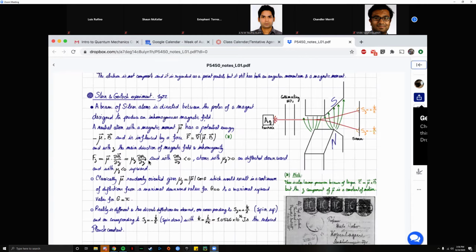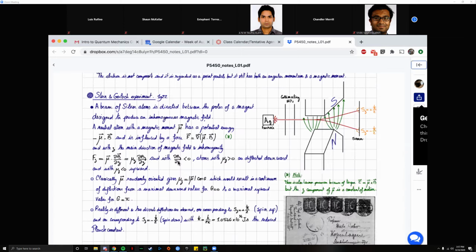So that means that these Z components of the magnetic moment and magnetic field are responsible for the component of the force along the vertical direction, which means that depending on the configuration of the magnetic moment in this magnetic field and the variation of this magnetic field, the particle is going to drift upward or downward.